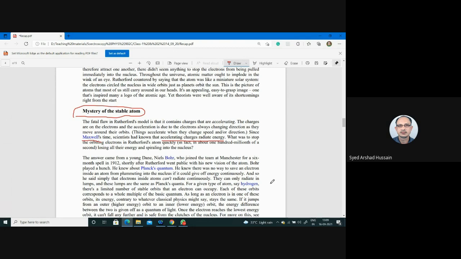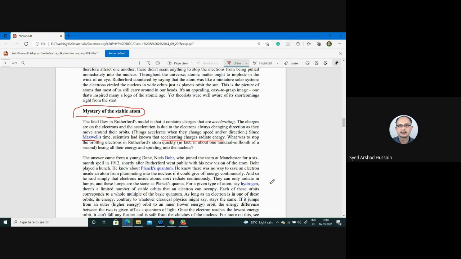So he gave some postulates, and he said that electrons can move around the nucleus in certain allowed energy states called orbits and not in others. That means it can rotate only in certain allowed orbits. The allowed orbits correspond to definite stationary energy states.